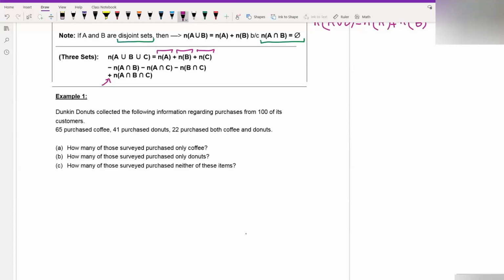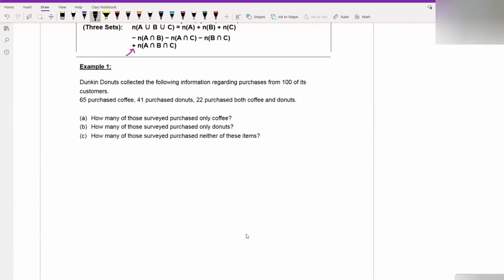I'm going to again write what is given. I'm going to use C for coffee and D for donuts. Now what is given?